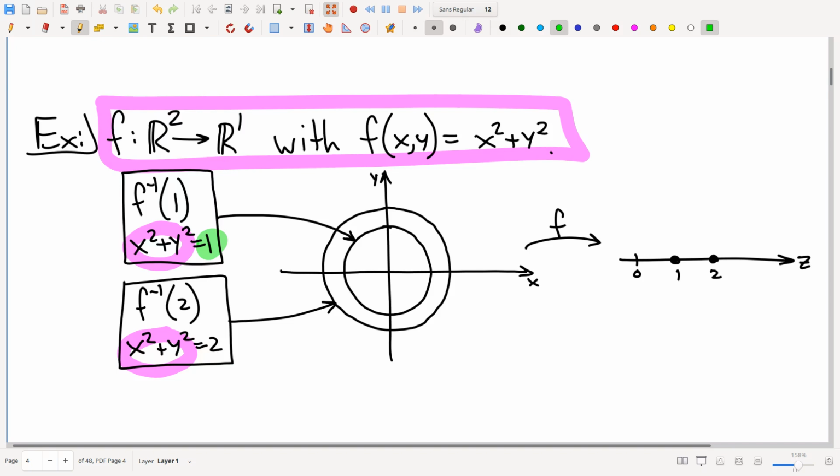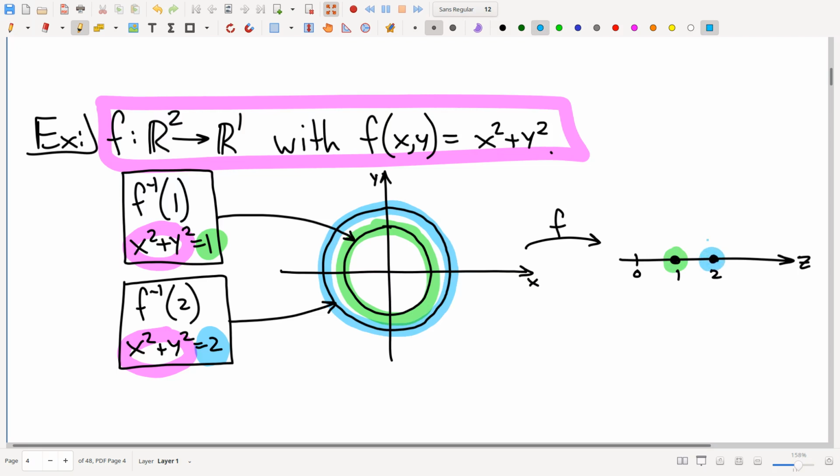And so that gives me that picture. Likewise, if I set it equal to 2, perfectly legal, it's a different thing I just choose to set it equal to. Again, I get a circle. This time it has a slightly larger radius, so square root of 2. So something like that.